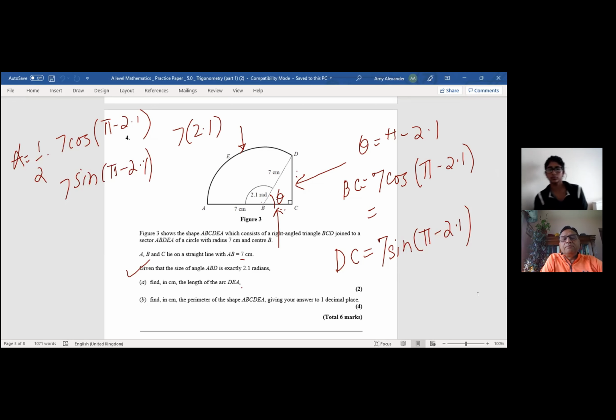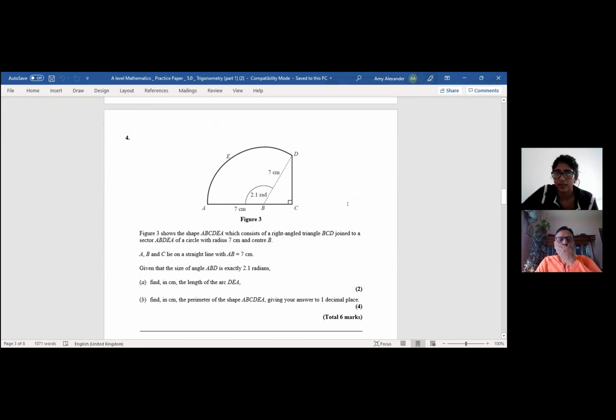We use half AB sine theta. Yeah, we found the sides, half base into height. If they had a part C, they would ask for area, but this one's just asking perimeter. Once you get these sides, just add them all. We already have the arc, so that's easy, correct? Is that clear? Perfect.